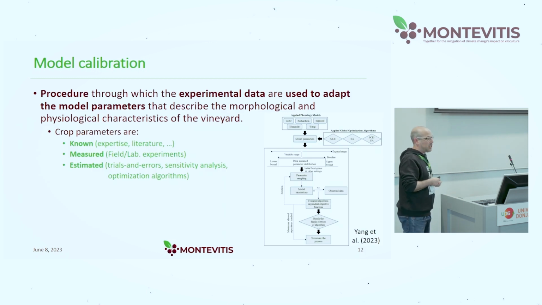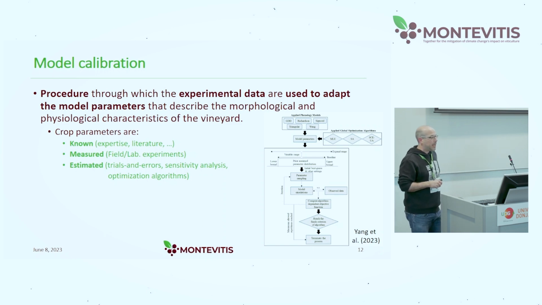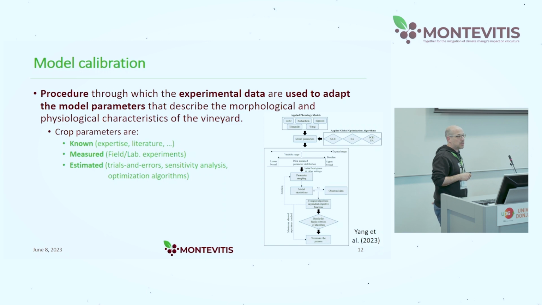Then, for model calibration, you will know better than me because you are mathematicians. The calibration procedure is to adapt the parameters for describing the morphological and physiological characteristics of a vineyard, in general, of a plant, or so on.